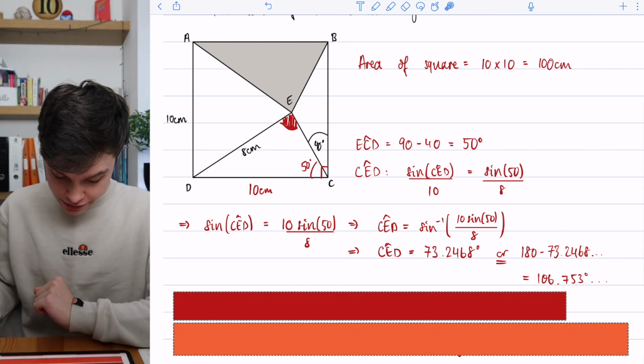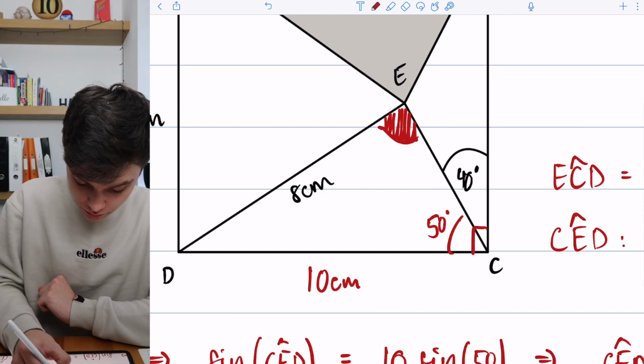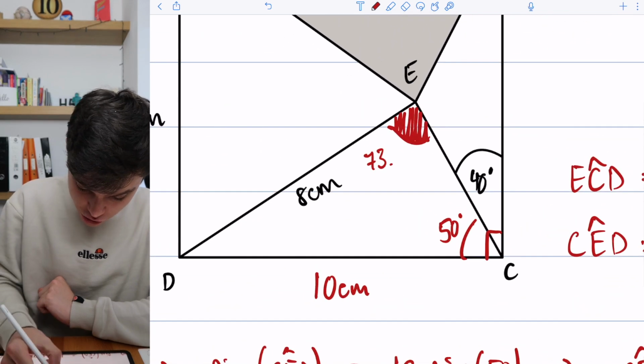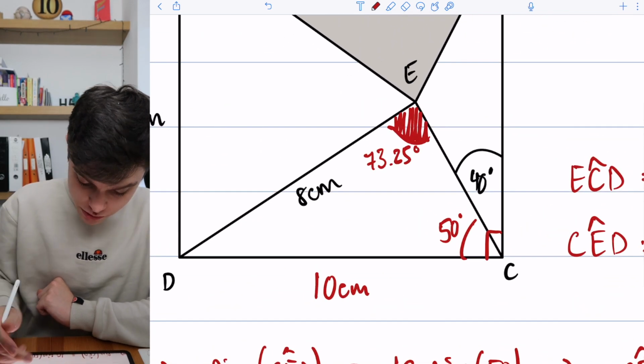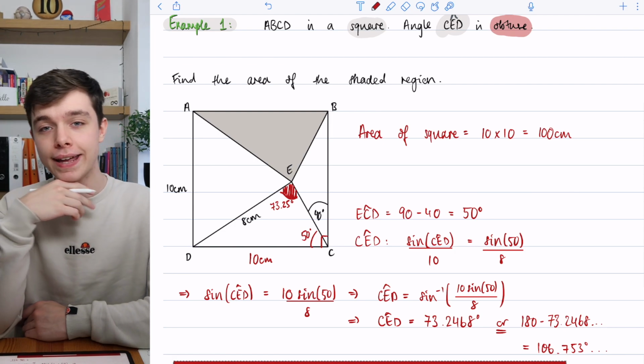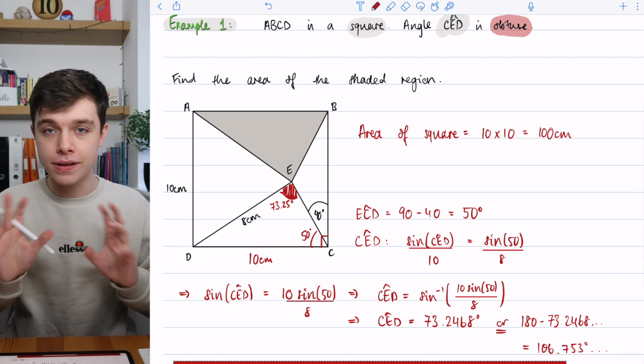Now I'm going to write that on the diagram. So 73.225 will do, to 2 decimal places just for the minute. Now that is the angle that I get when I do inverse sine.